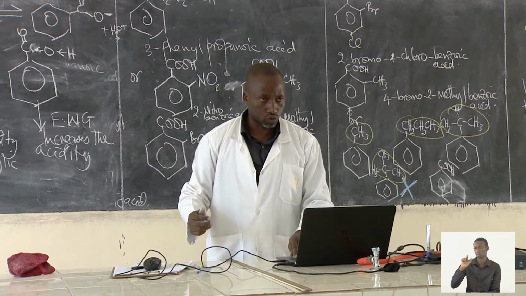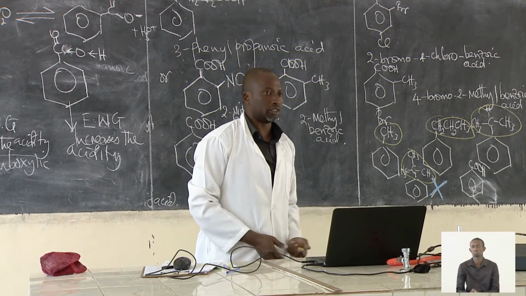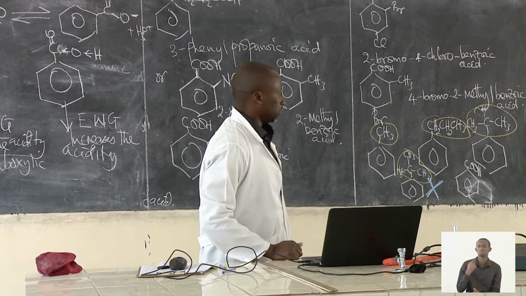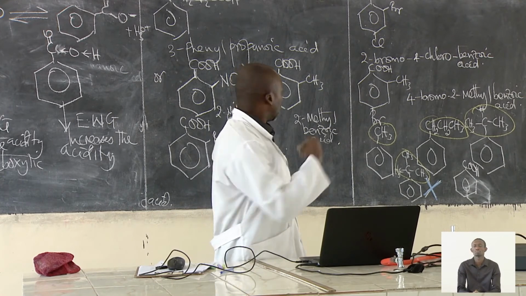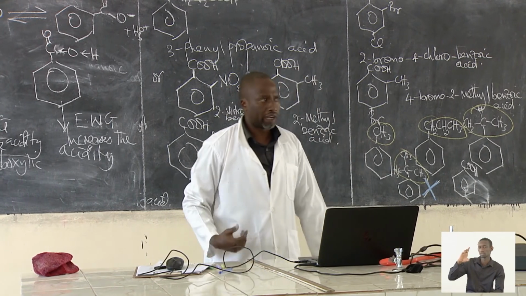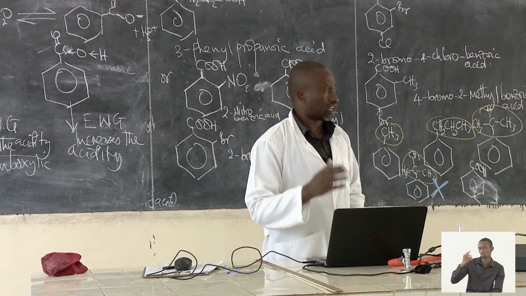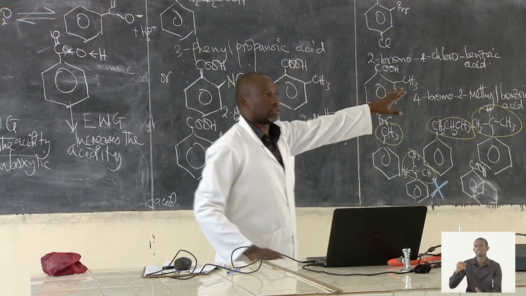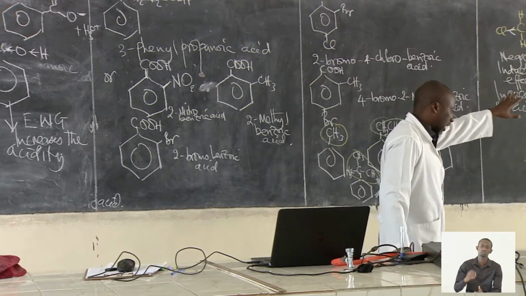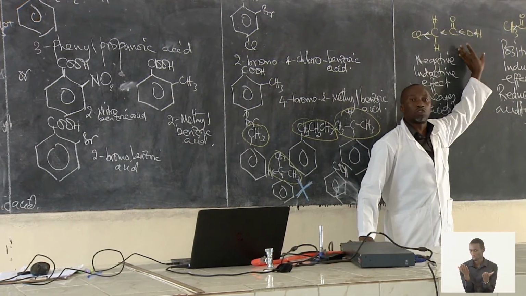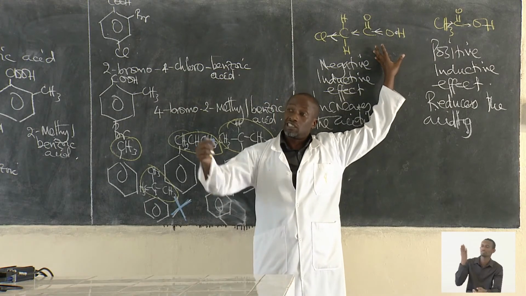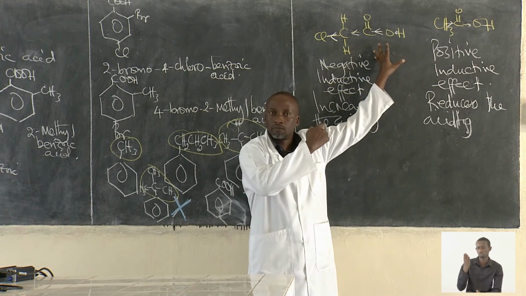So I was just trying to look at those compounds. This is what I was just talking about: how the electron withdrawing, electron donating affects the acidity of these carboxylic acids compared to the aliphatic carboxylic acids. So that is why I brought these ones over here. This is for the comparison.